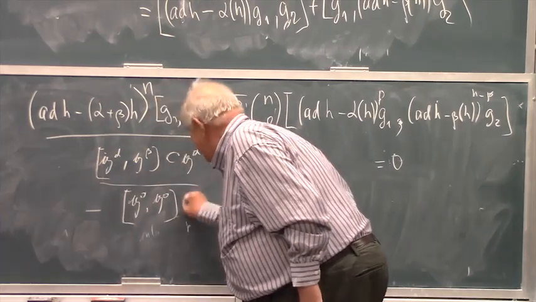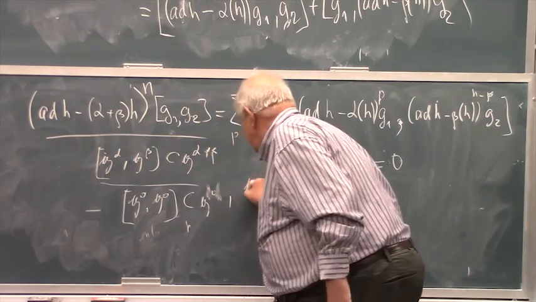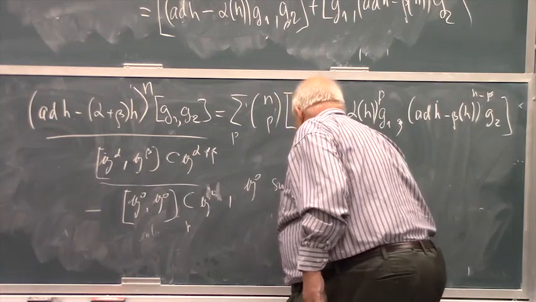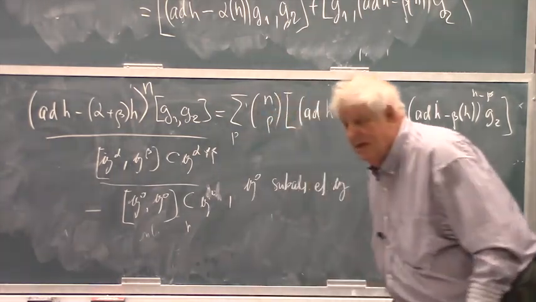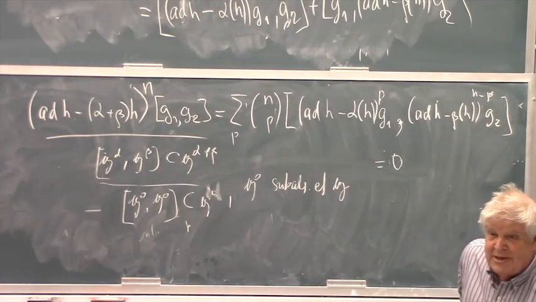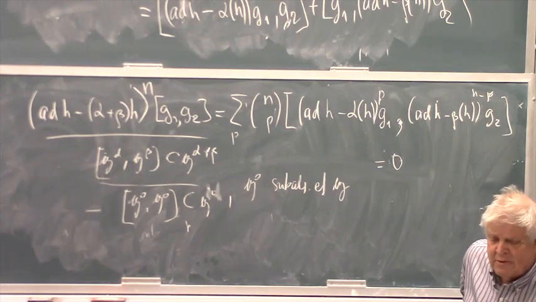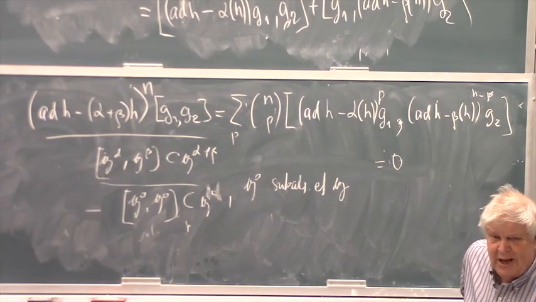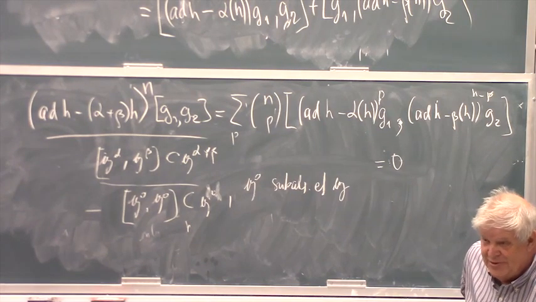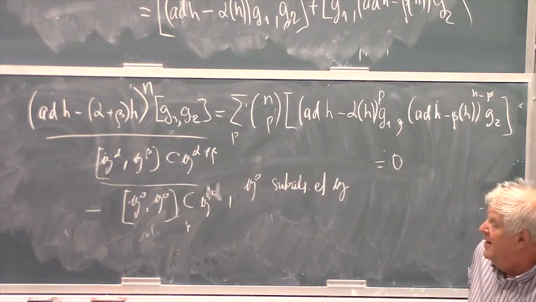I can say that this belongs to G0. So G0 is a subalgebra of G, right? Very interesting. How big this subalgebra is, you certainly can, if you're on the algebraic side, add to it that every G alpha is a representation of G0. But I don't want to say this.